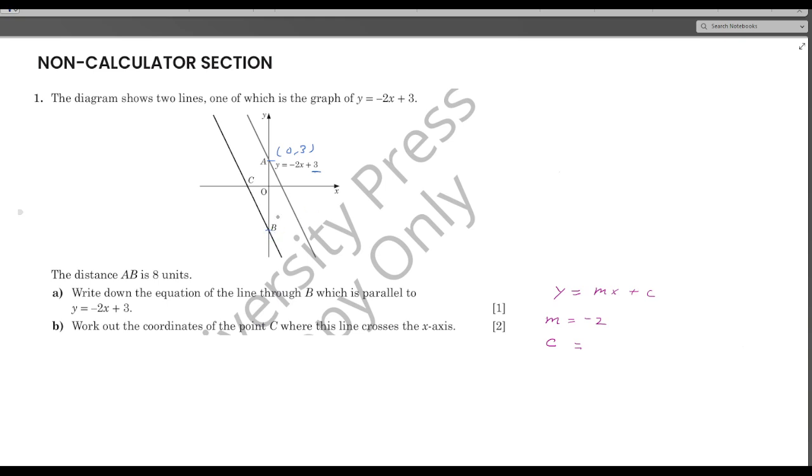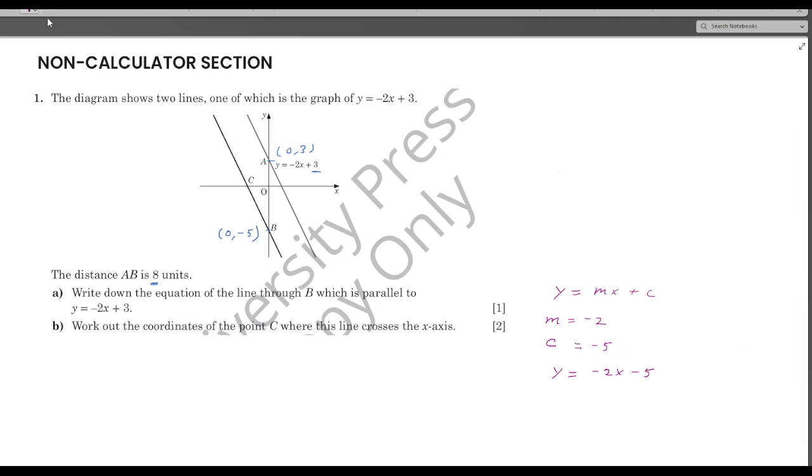So the coordinates of B are going to be 0 comma, and as the distance is 8, it should be minus 5. So 3 units above and 5 below the x-axis, total distance is 8 units. So the value of c is equal to minus 5, and therefore your equation of line is y is equal to minus 2x minus 5.